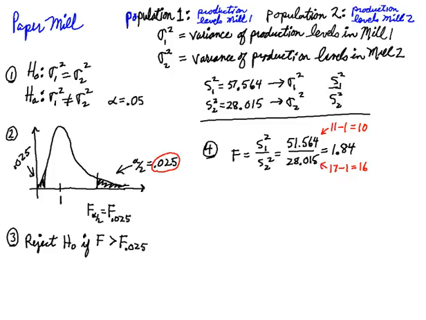So if I go to the F distribution table, I'm going to look down to row 16, the denominator degrees of freedom, across to column 10, the numerator degrees of freedom, and then within that group of values, I'm going to select the area in the upper tail at 0.025.